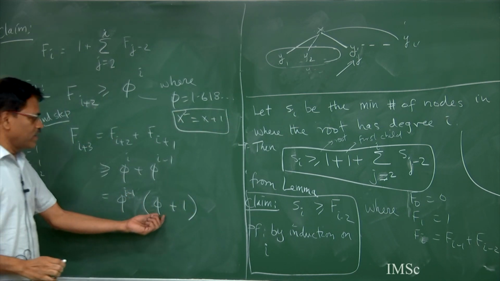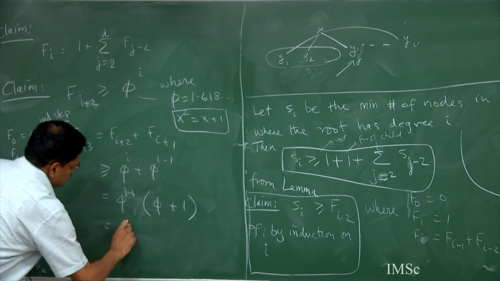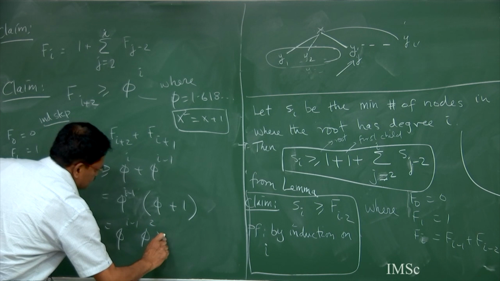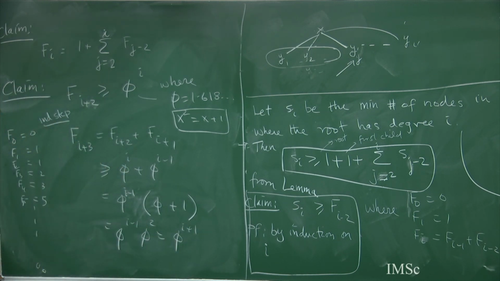So, phi plus 1 can be replaced by phi square. Okay, so these are some nice independent properties about Fibonacci numbers, can be proved by induction.